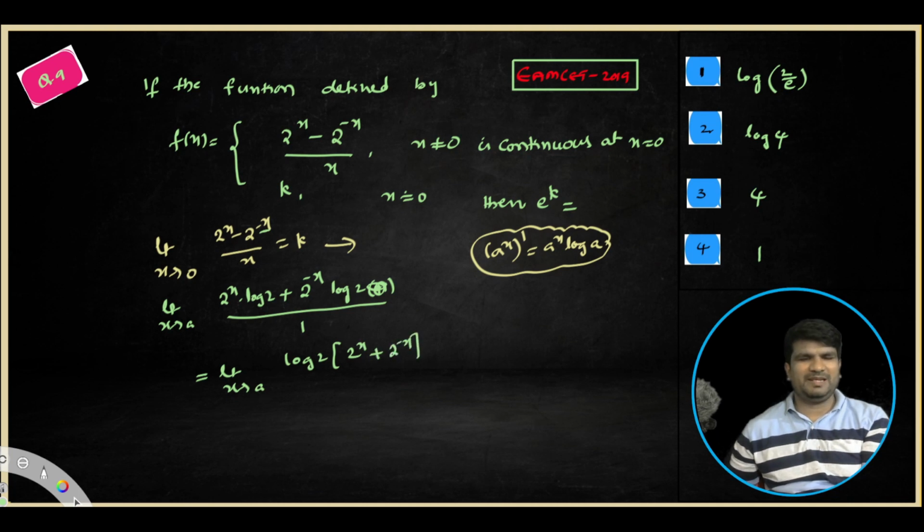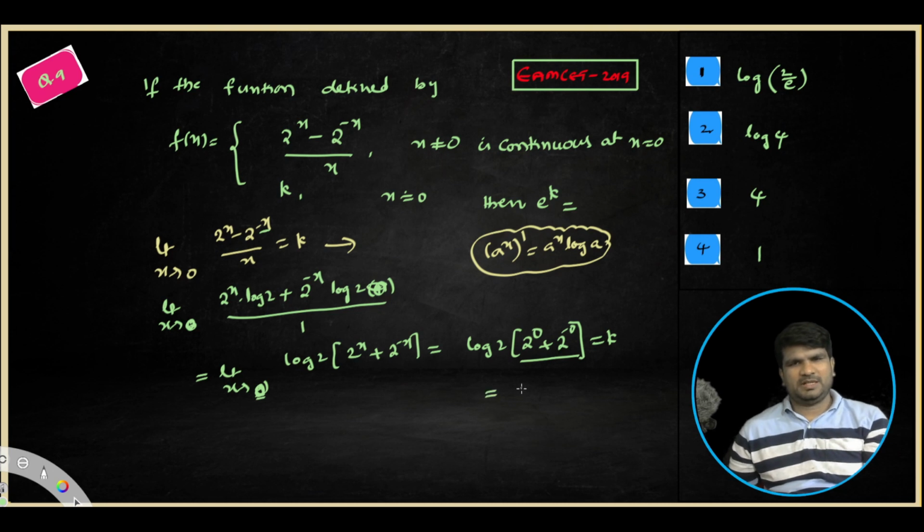Now if you apply the limit, x tends to 0, then log 2 into (2^0 + 2^(−0)) is k. So 2^0 is 1, 2^(−0) is also 1, 1 + 1 is 2.